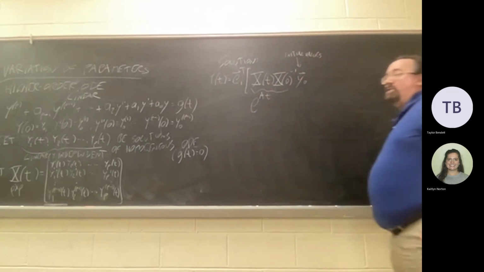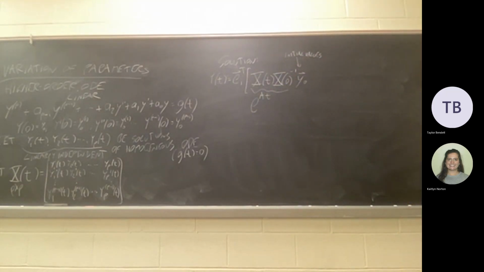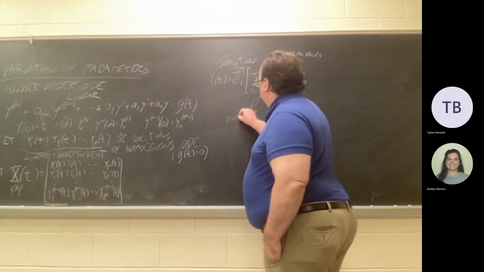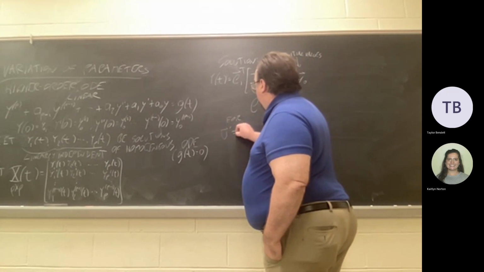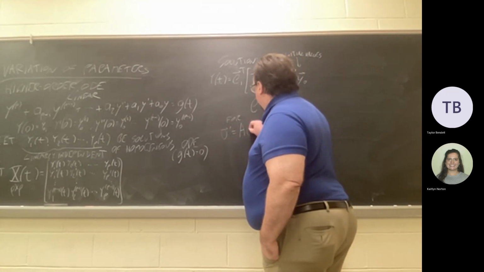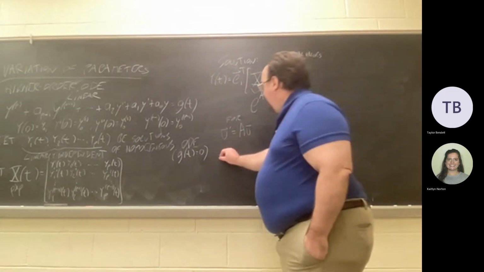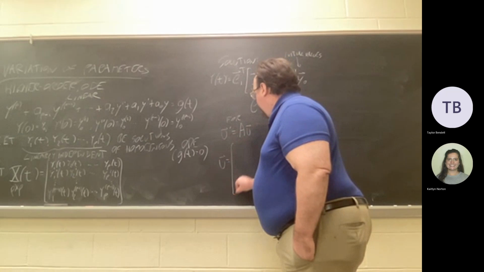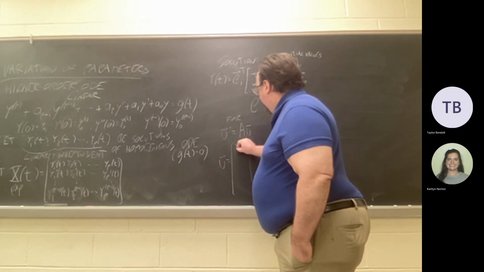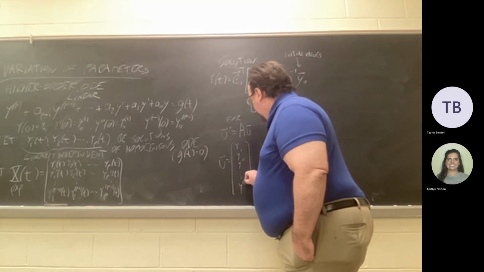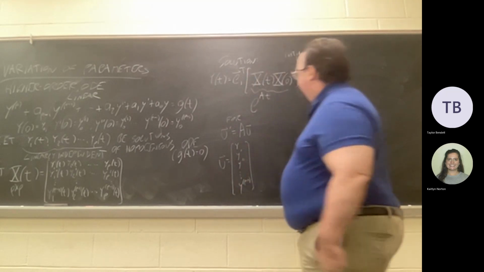And that is the matrix exponential. Well, X of t times X of 0 inverse, if you recall from a couple classes ago, is one of the ways of writing the matrix exponential, where if I were to rewrite this higher order ODE as a first order system, u prime equals A u, where u, the vector, consists of y, y prime, y double prime, all the way down to the p minus first derivative.